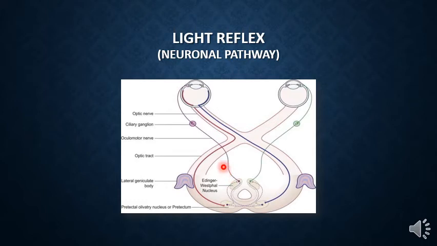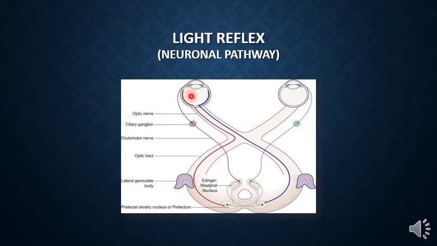They travel through the third cranial nerve, which is oculomotor nerve, and they terminate on the neuronal cells located in ciliary ganglion. From here, the postganglionic parasympathetic nerve fibers travel through short ciliary nerves and they ultimately innervate constrictor pupillary muscle.